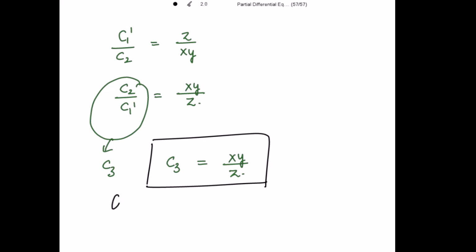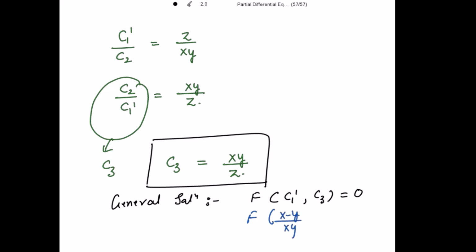So now writing the general solution. It is f(c1 dash, c3) equals 0, that is f of (x minus y) divided by xy, and xy divided by z, equals 0. You can also write the solution as f of c1 dash and simply c2 equal to 0.